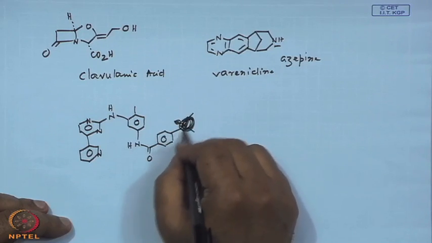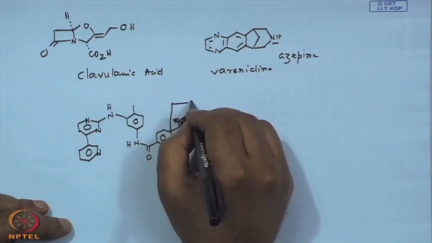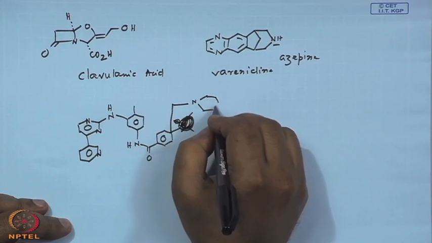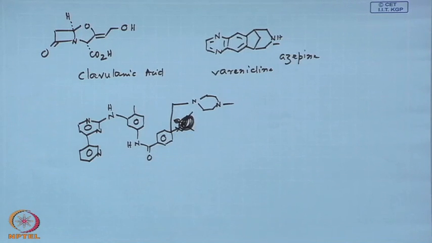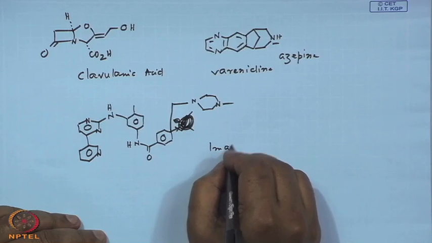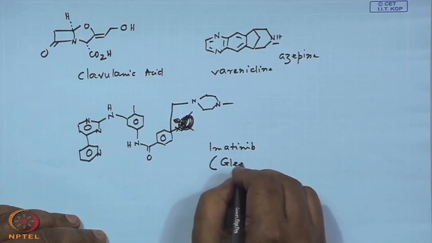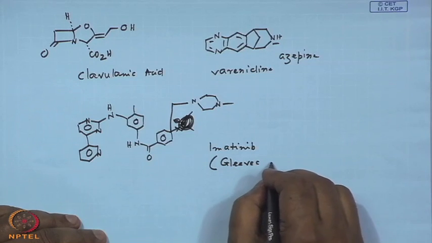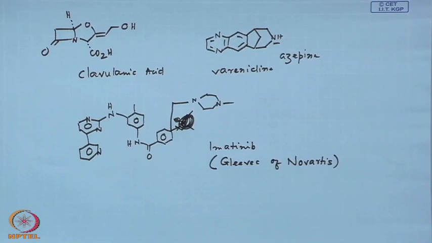This molecule is known as imatinib, and commercial name is Glivec of Novartis.